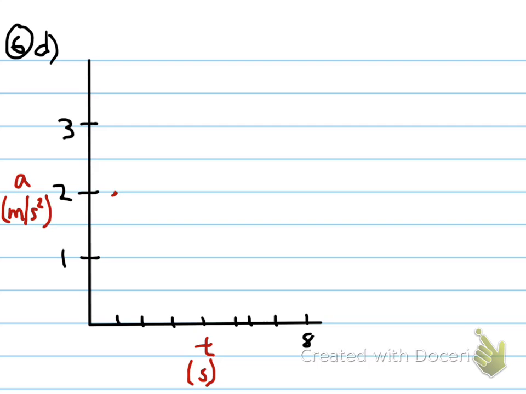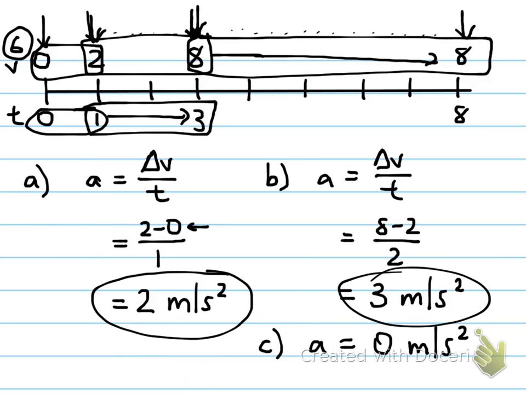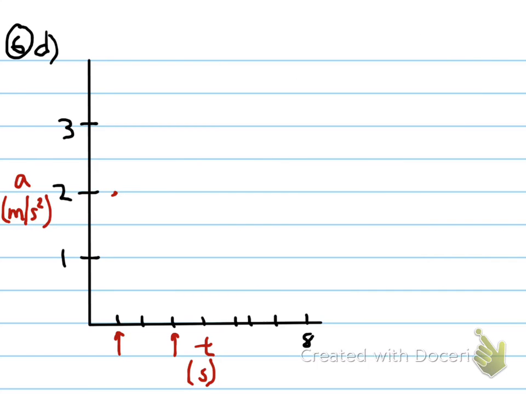Okay. Then, in the first second through to the third second, we said that the acceleration there was 3. Okay, so up to here, we're going to go 3 meters a second. Okay. And after that, now you've got to be careful here, okay? When you're doing acceleration versus time graphs, you go blockwise, so you should have horizontal and vertical lines.